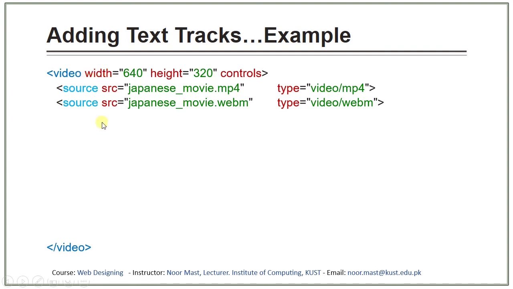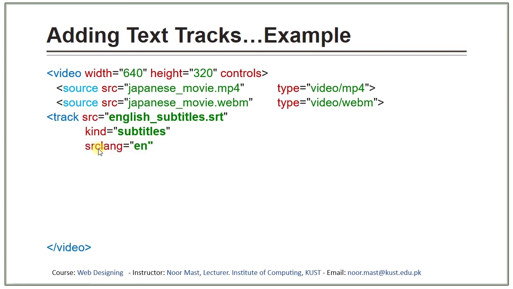Now to add the text track, here the src attribute specifies the text file. The kind attribute is subtitle, so we must also define the source language. So the source language is English and the label for this track is English subtitle, and it is the default attribute. You can add more than one track.